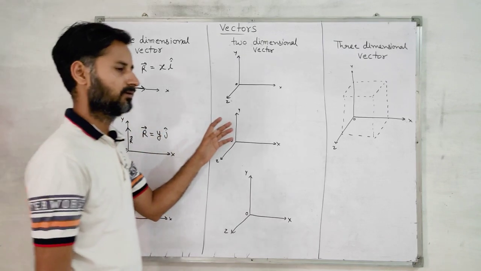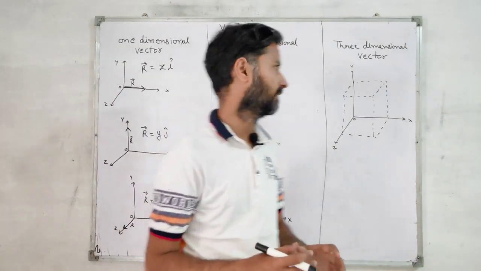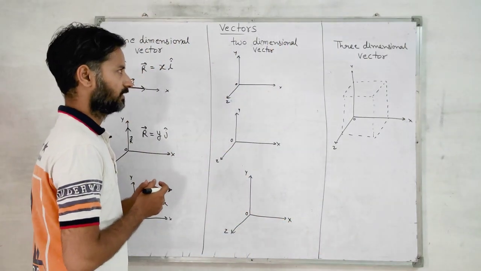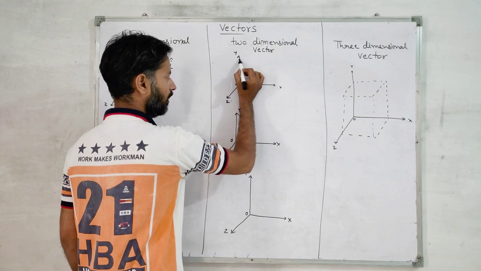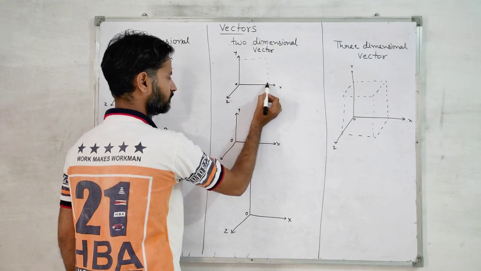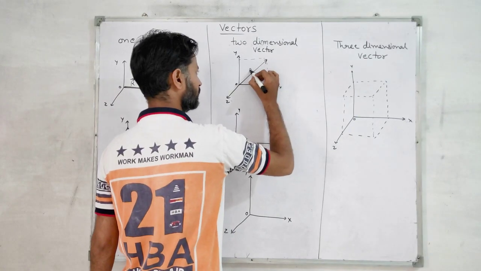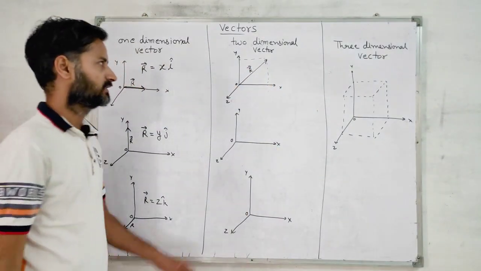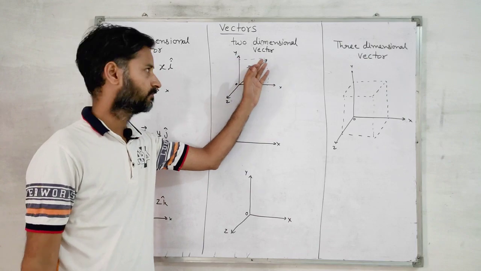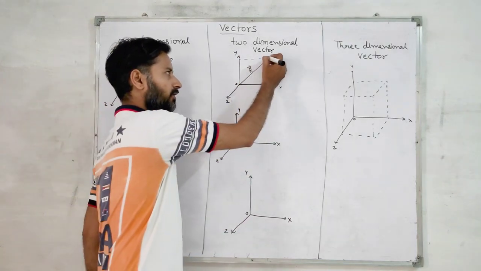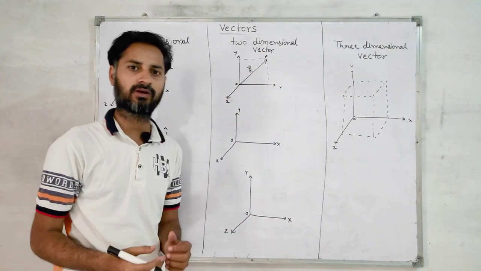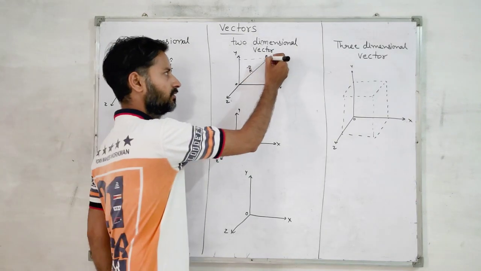In two-dimensional, vector lies in a plane. Let our vector be in xy plane. This is our vector r vector. Since the vector is in xy plane, so this point will have the coordinates x and y.